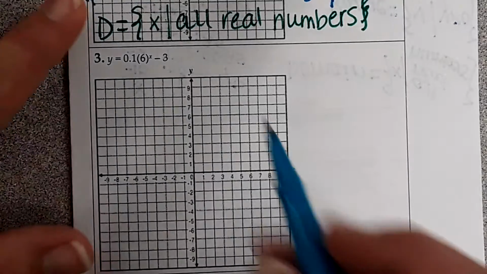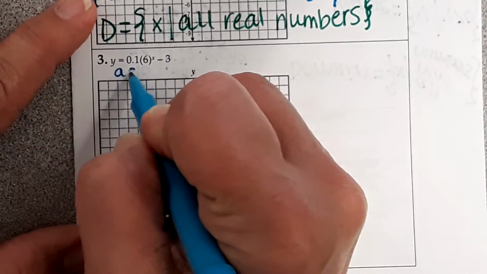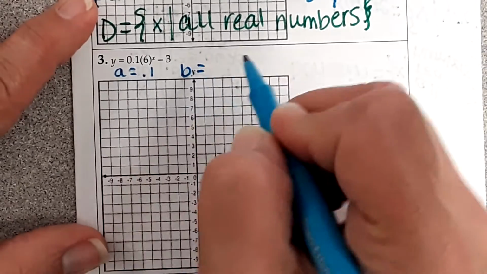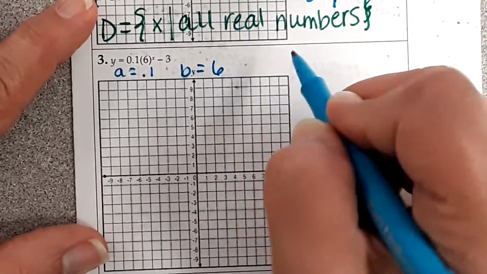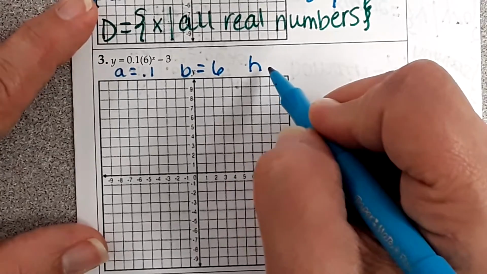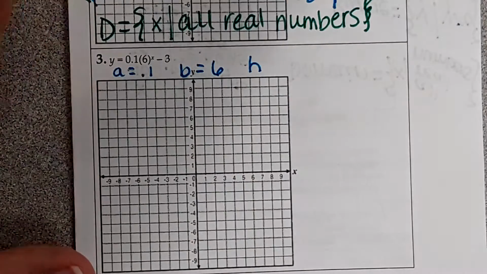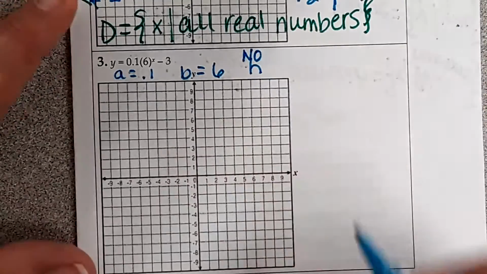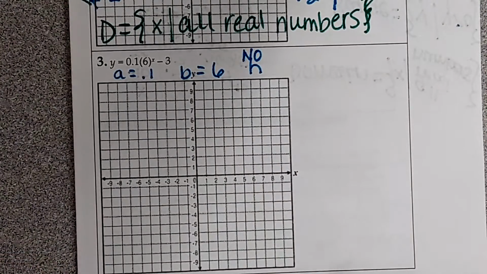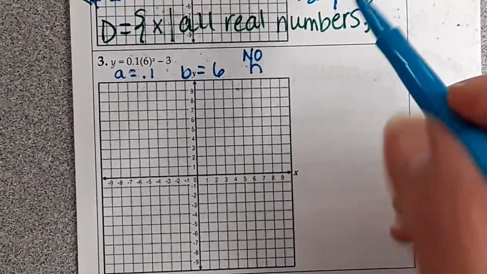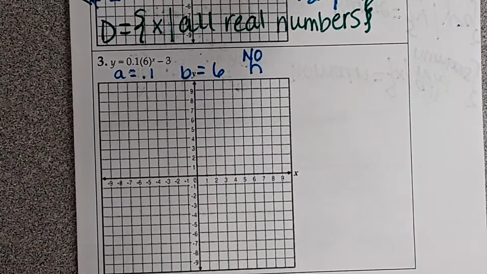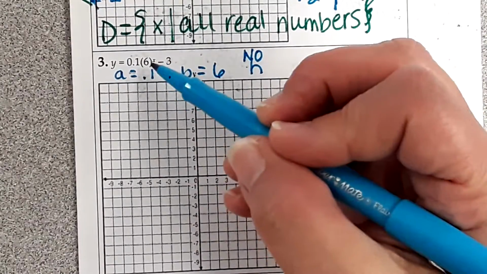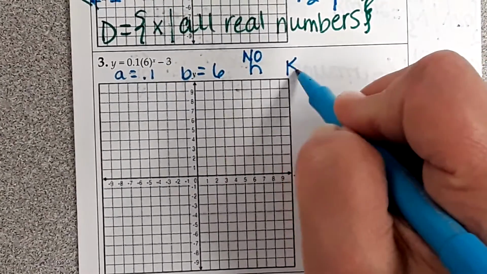Now what is A, you guys? On this one, what is A? 0.1. What is B? 6. What is H? H is nothing, right? There's no H, so that means that it's not going to be shifted to the right or the left, okay? If it's not shifted, it's going to be what's over B. And then what is my K?